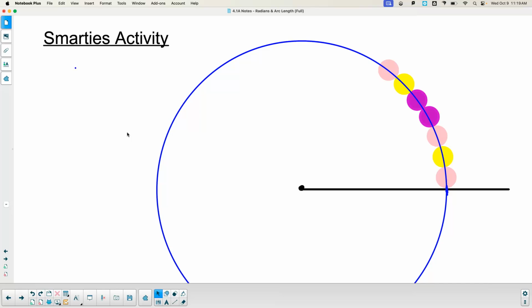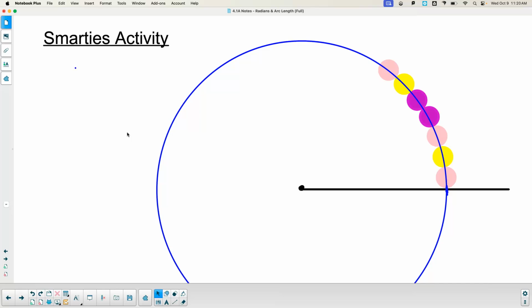So you're putting your group of 7 at a time. 7 at a time. Just 7 at a time. We're only using those 7. Everybody got their 7 lined up like this? Okay?